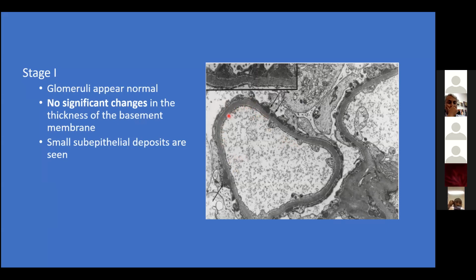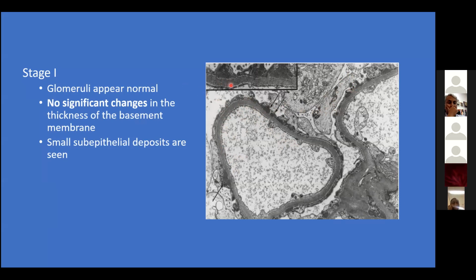We can see the fenestrations. This is the outside aspect, the foot process of podocytes. We can see the podocytes leaving their processes, and finally the foot process is coming and sitting along the basement membrane. And this is just the high power.